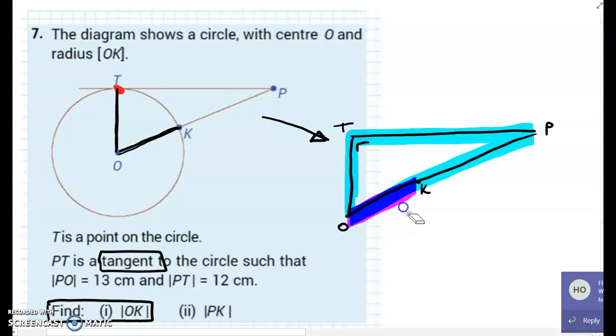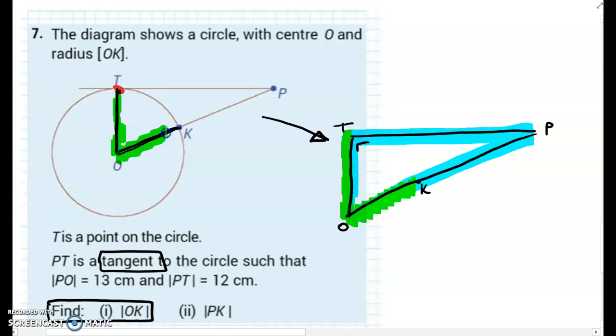But what you could do, like I said a second ago, is find OT, and that's the same as OK, because they're both radii, so they're both equal to the same thing. With that in mind, let's fill into the little diagram the bits that we do know on that triangle.